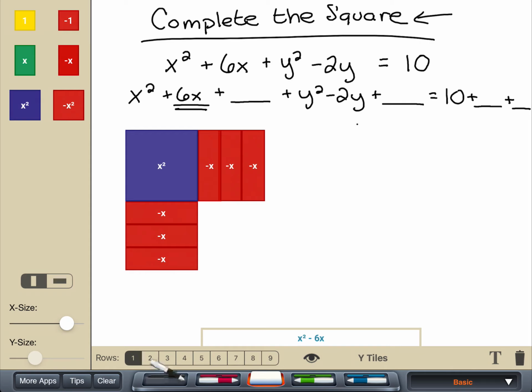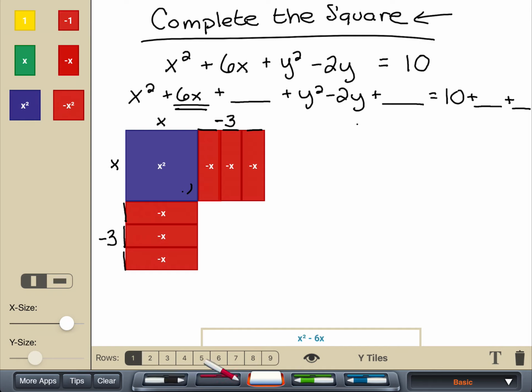So we know that this length here is an x, and this length here is 1, 2, 3. And then this length is an x, and this is 1, 2, 3. To figure out what goes in that other box, we need to multiply to get it.